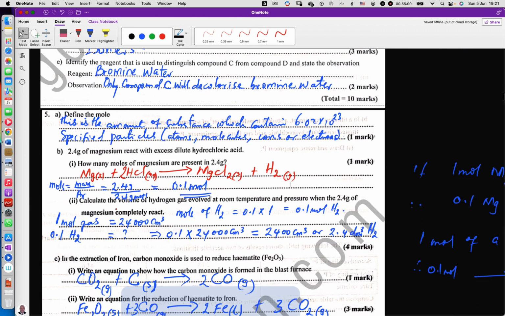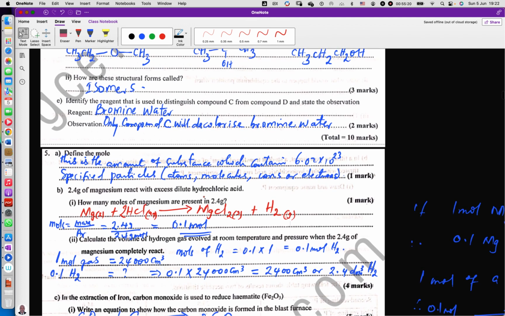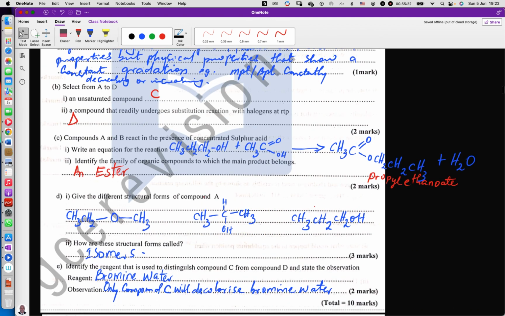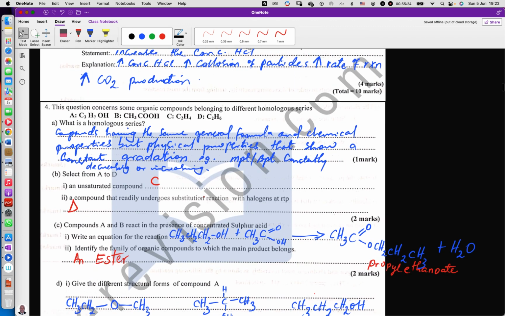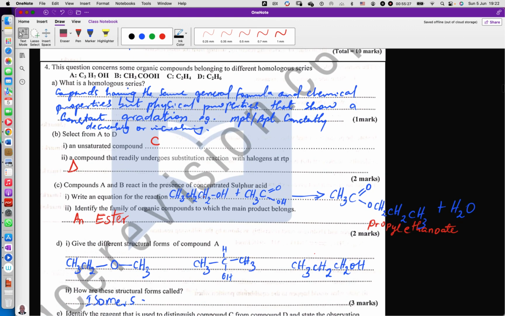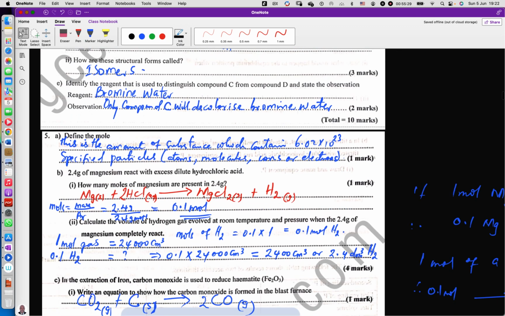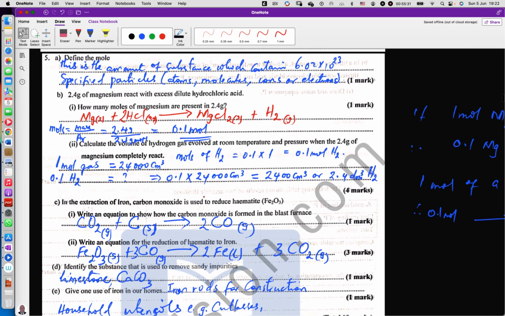For easy calculation, 2.4 divided by 24 grams per mole gives 0.1 mole. We are going to have 0.1 mole.